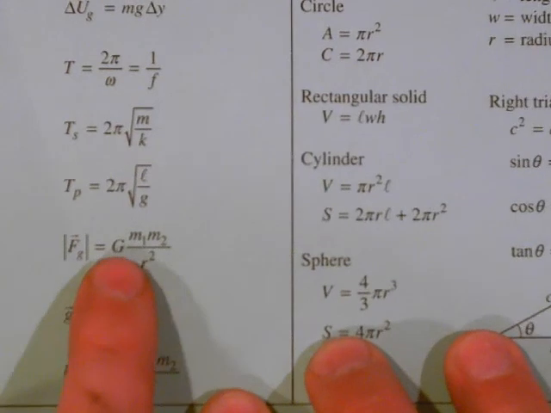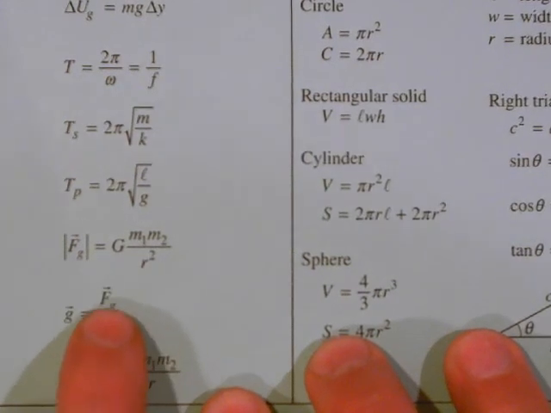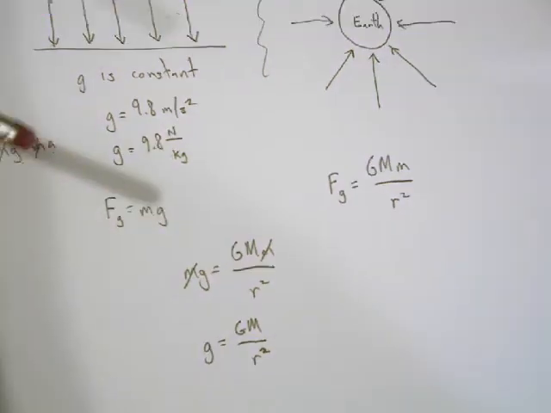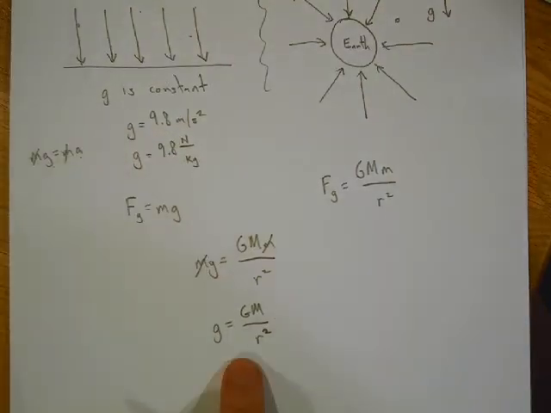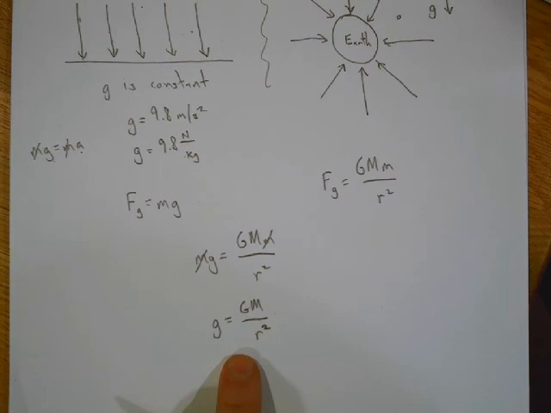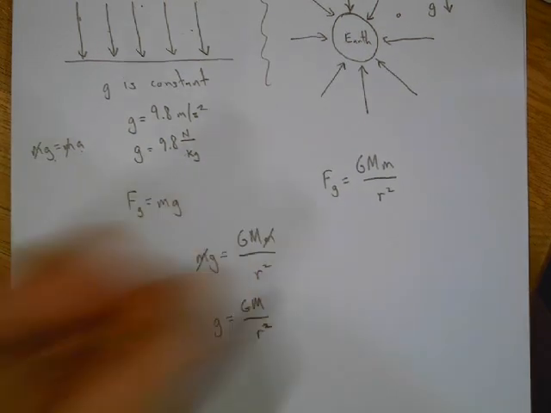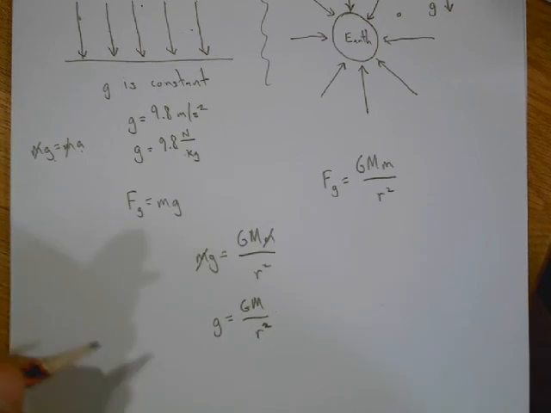Look, there's this equation. If I take this and plug it in for Fg, let me zoom back out, I end up with this right here. So the gravitational field strength is GM over r squared.